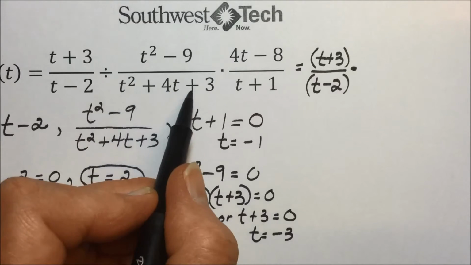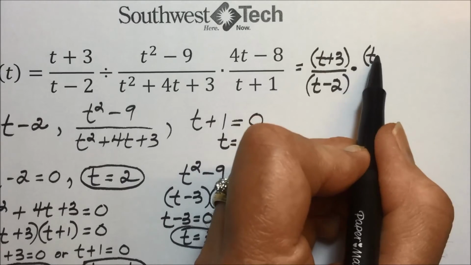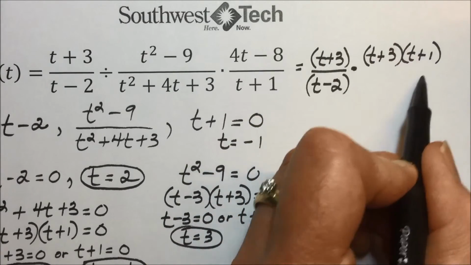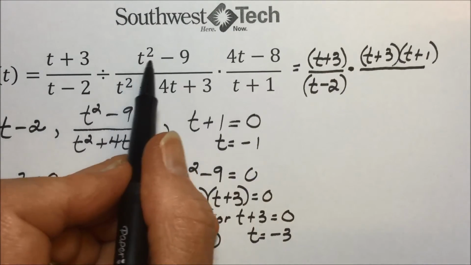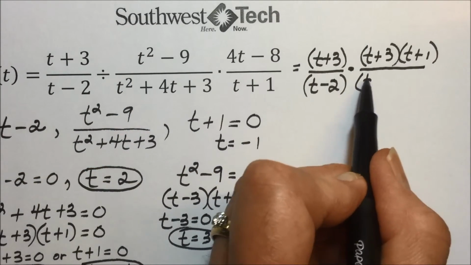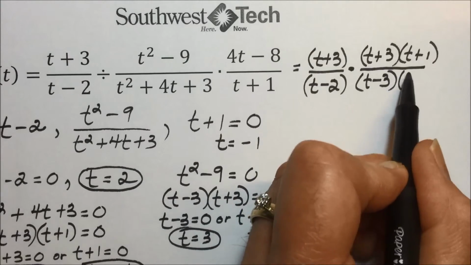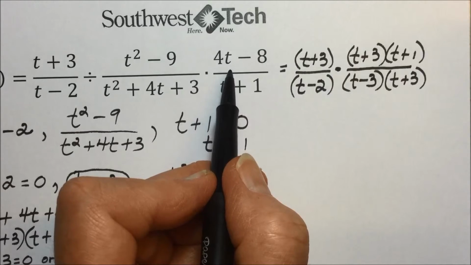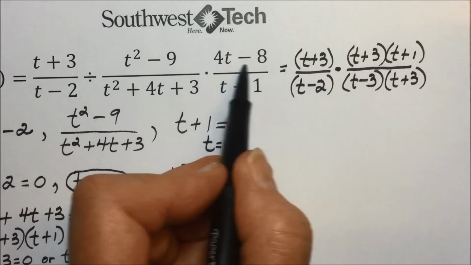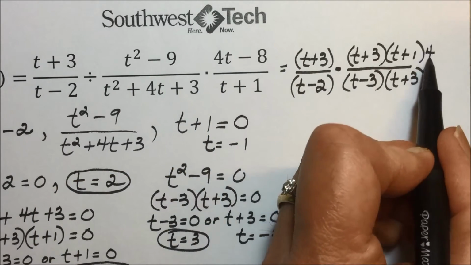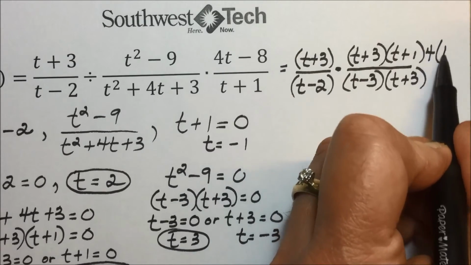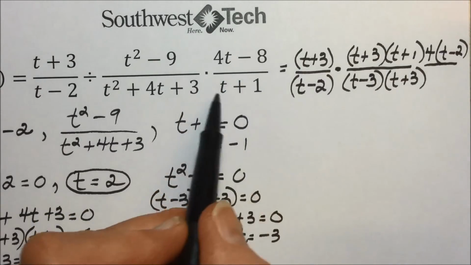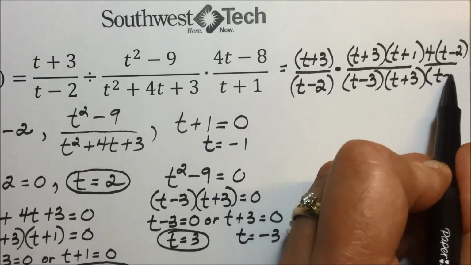The t squared plus 4t plus 3 will go to the numerator, which factors into t plus 3 and t plus 1. The denominator is a difference of squares. We factored that a minute ago, t minus 3 and t plus 3. And in the numerator of our last rational, we're multiplying. Let's factor that. We have a 4 times t minus 2 when we factor out a greatest common factor of 4, and we have a t plus 1.